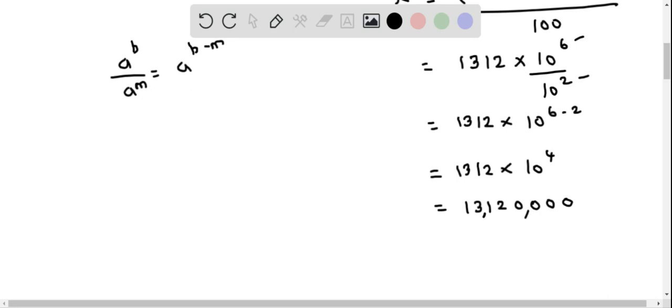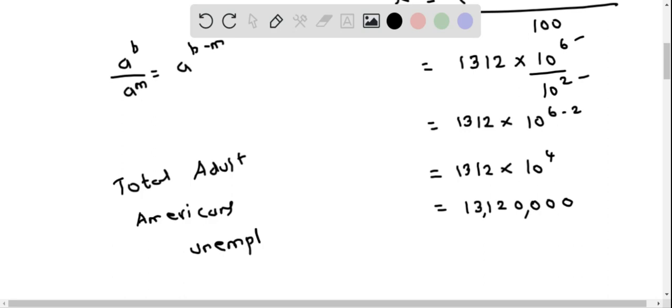So that is the total adult Americans unemployed, and this equals 13,120,000.